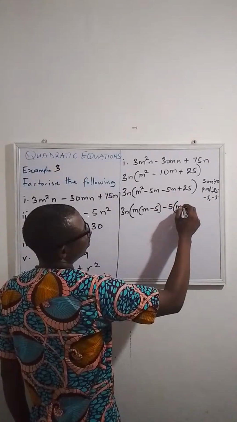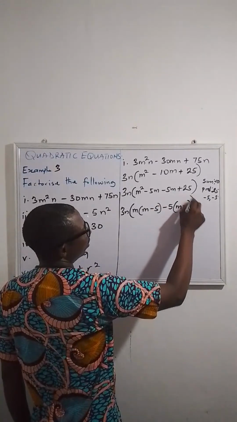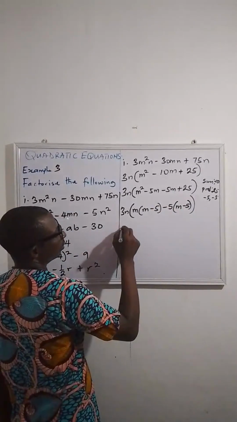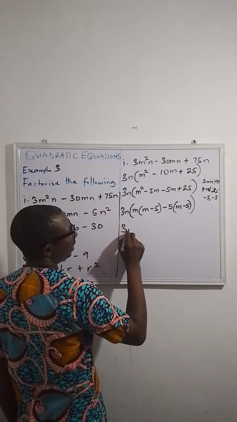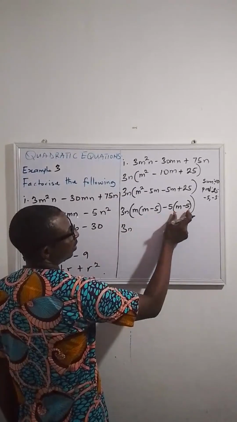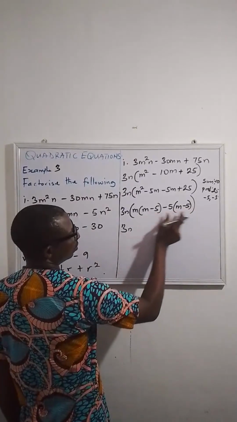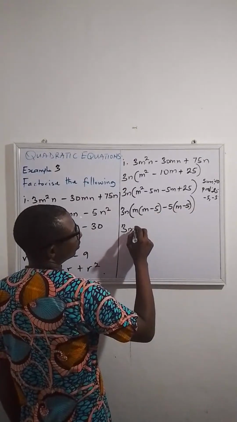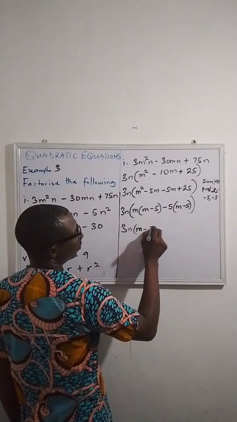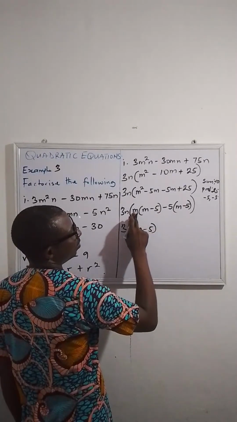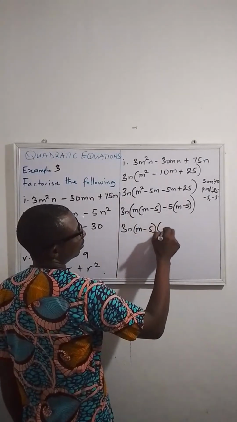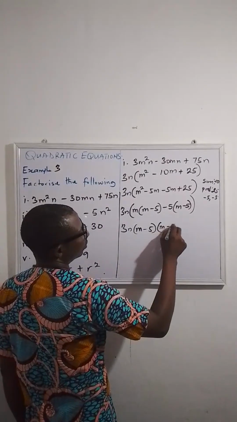Divide this by negative 5, you have negative 5. Okay, so here your final answer is going to be 3n. So the common term here, you can factor this out. So you have m minus 5. You are left with m and negative 5. So you have m minus 5.